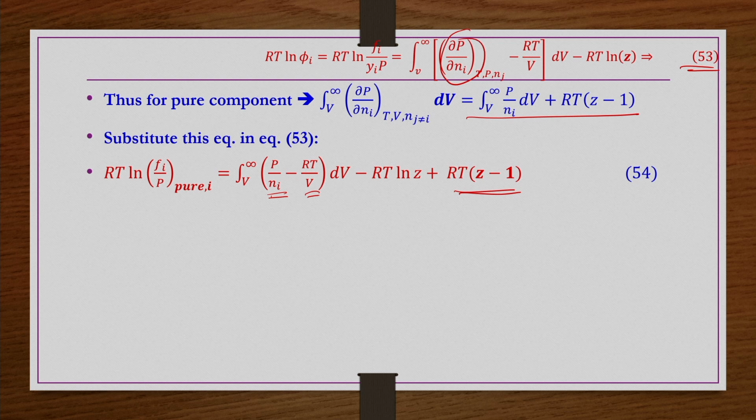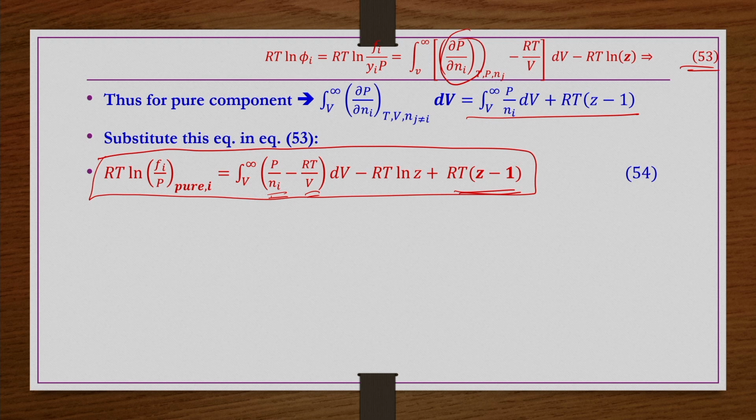So, this is the expression for the fugacity of pure component I if the equation of state is available in a pressure explicit form. If you wanted to measure the fugacity of that pure component I, you have to use this expression.